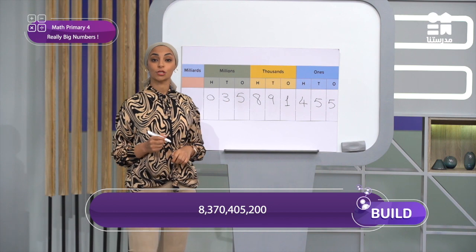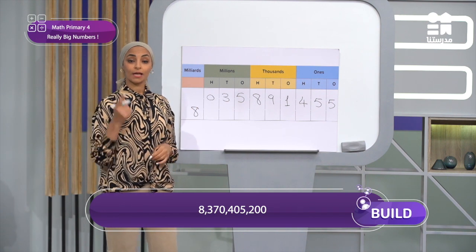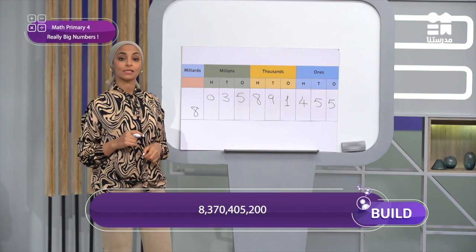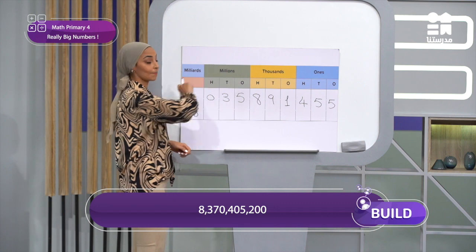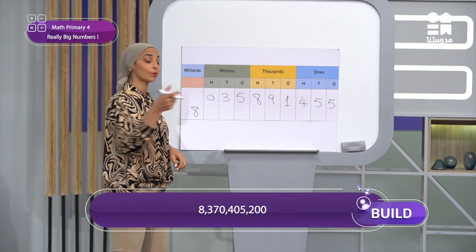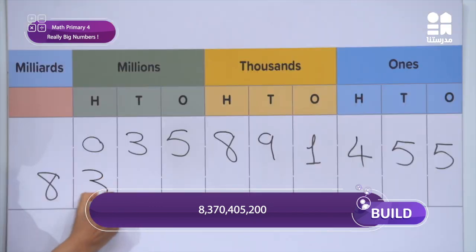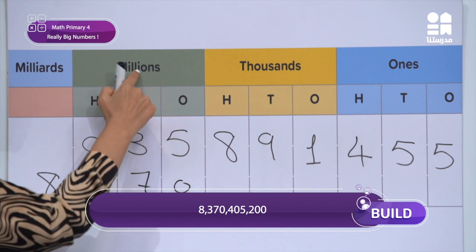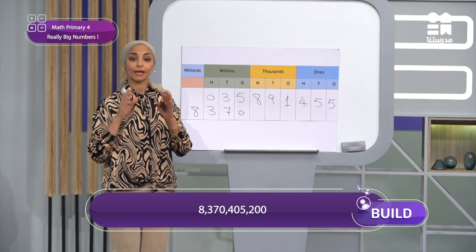Then, what should I do? The next house or the next period is the thousand. Here I have 370,000. So I will put this number under, this is 370 million. So I will put this number under the million house. How can I write it? 370 million, as you see here, right? What about the next house or the next period?